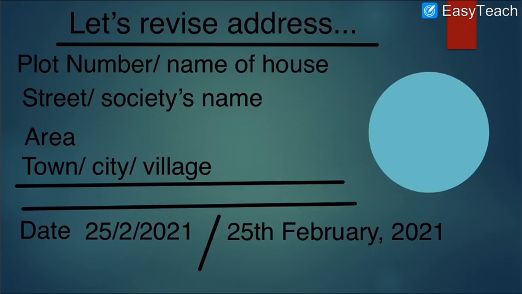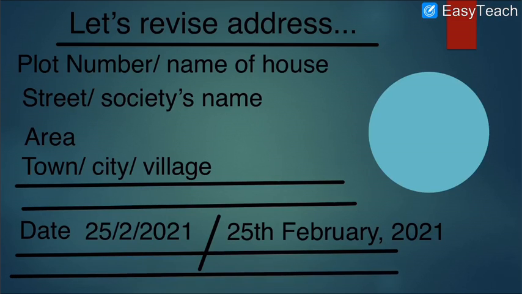Now I'll turn the page and I'll show you how you can start with the salutation. First thing is, again after writing the date, you have to leave one line. So please leave one line in your book. Okay, now I'm going to write here salutation. What can you use for salutation?